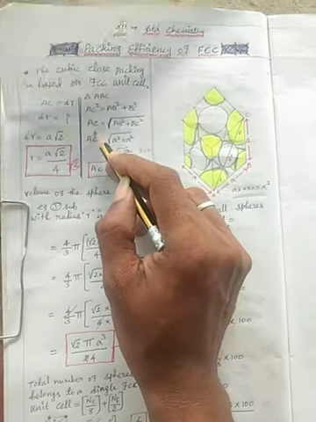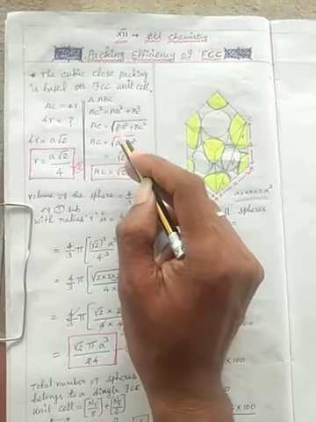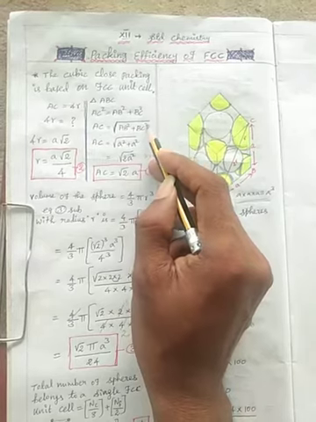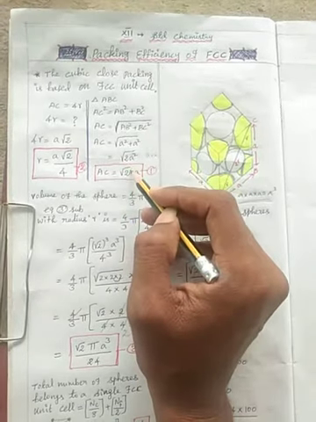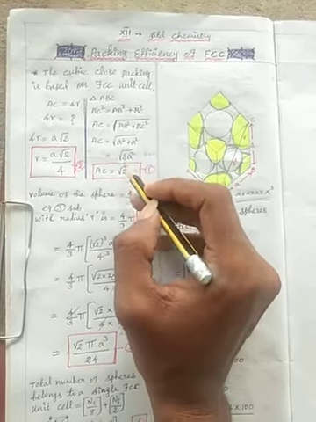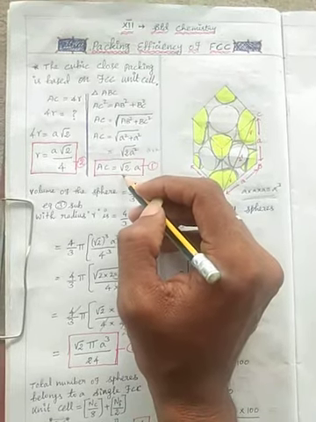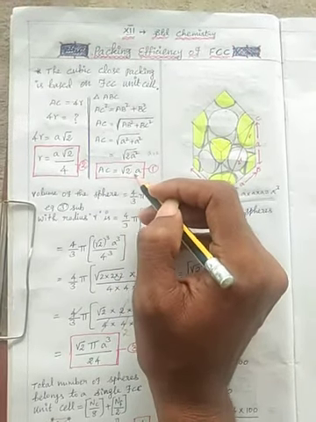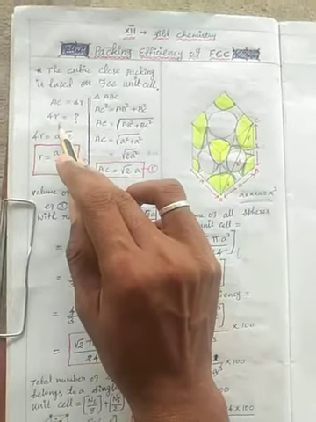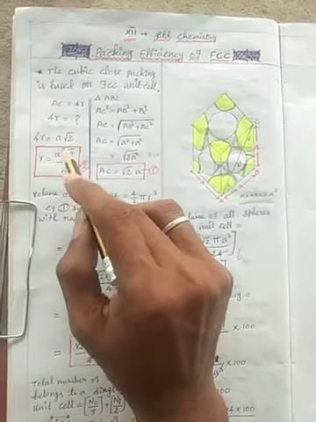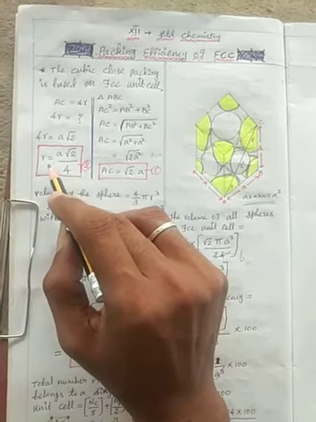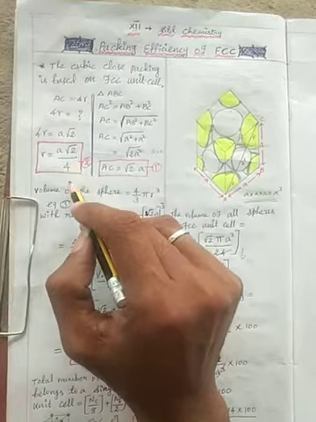Taking the square root of both sides, AC equals root 2 a. Applying this, root 2 a equals 4R, so 4R equals a root 2, and R equals a root 2 by 4.